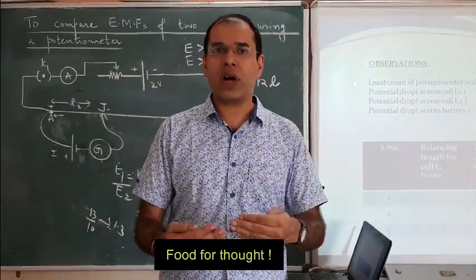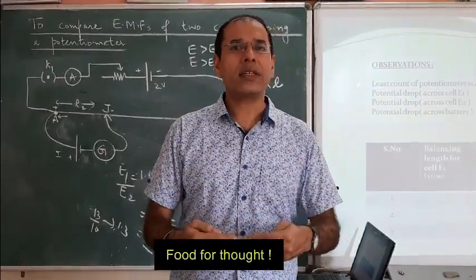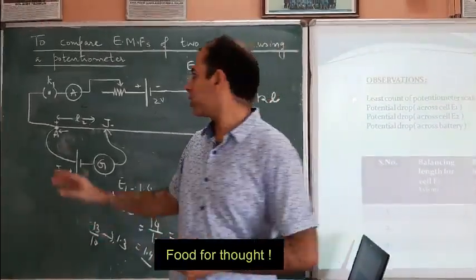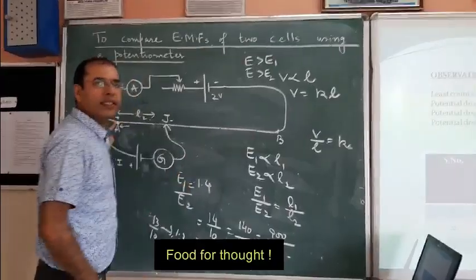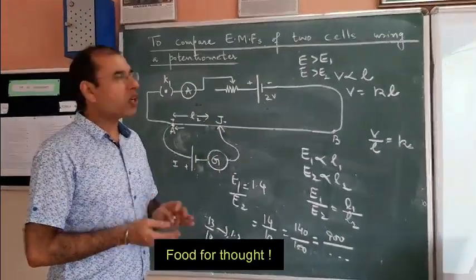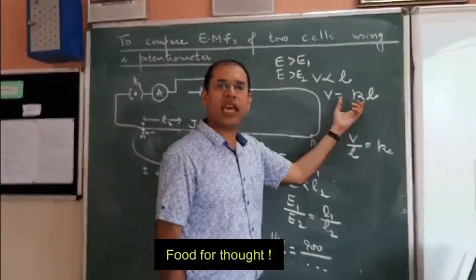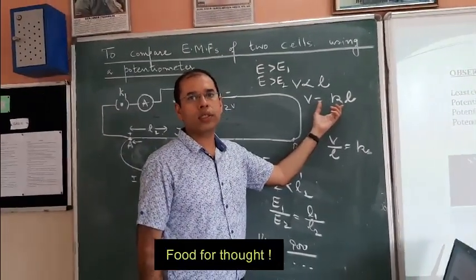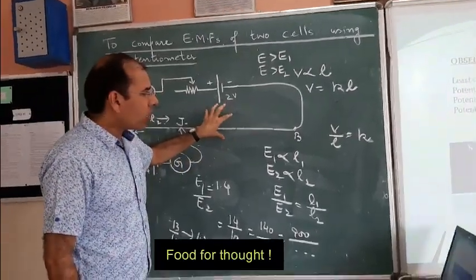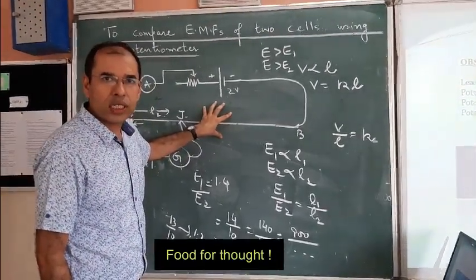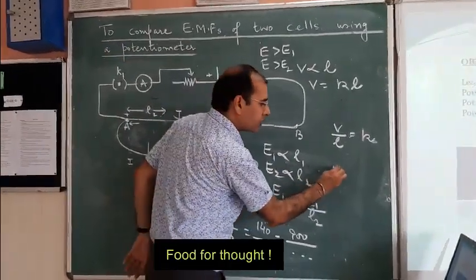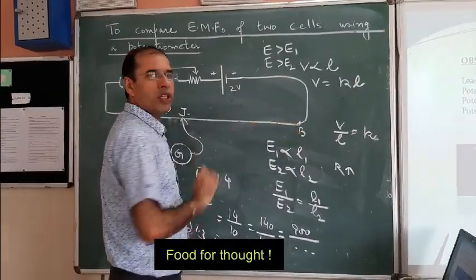Regarding this, I would like to ask you a question: even if the resistance of this wire changes due to rise in temperature, how is it going to affect our experiment? Because our experiment says the K has to remain constant. Even if the resistance changes, say due to rise in temperature, the resistance increases for this piece of wire.